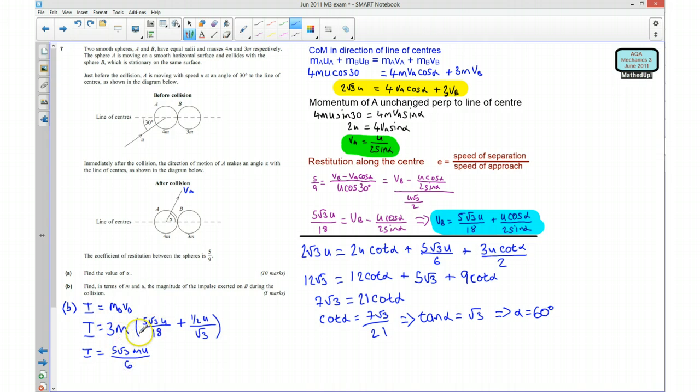So that's what 3m times by that is going to give us. Plus, and we're going to have 3m times by this here, so that's going to be u over 2 root 3, so it's going to be 3mu over 2 root 3.